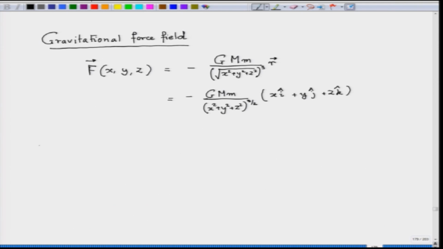If you want to write it as a function from R3 to R3, then it is given as, I am writing it as a row vector instead of a column vector just for convenience of space.